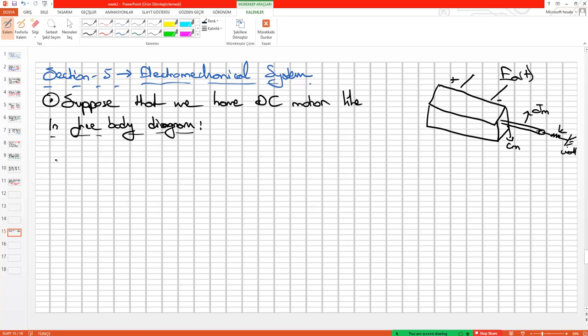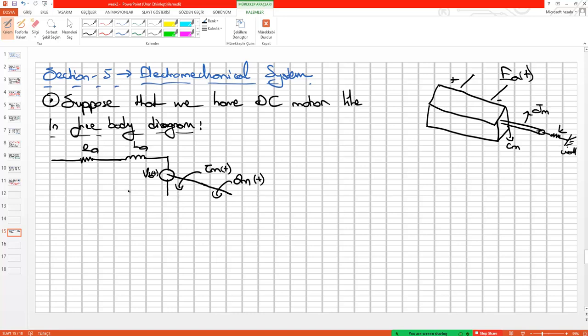If we have this system, then we have the armature resistance Ra in here, and also the armature inductance La value, and if we have the rotor in here, due to the electromagnetic force we have the v_b(t) value. In the free body diagram we can model the rod just like this one, and so we have the motor torque T_m value in here, and we have the deflection of the angular position in here.